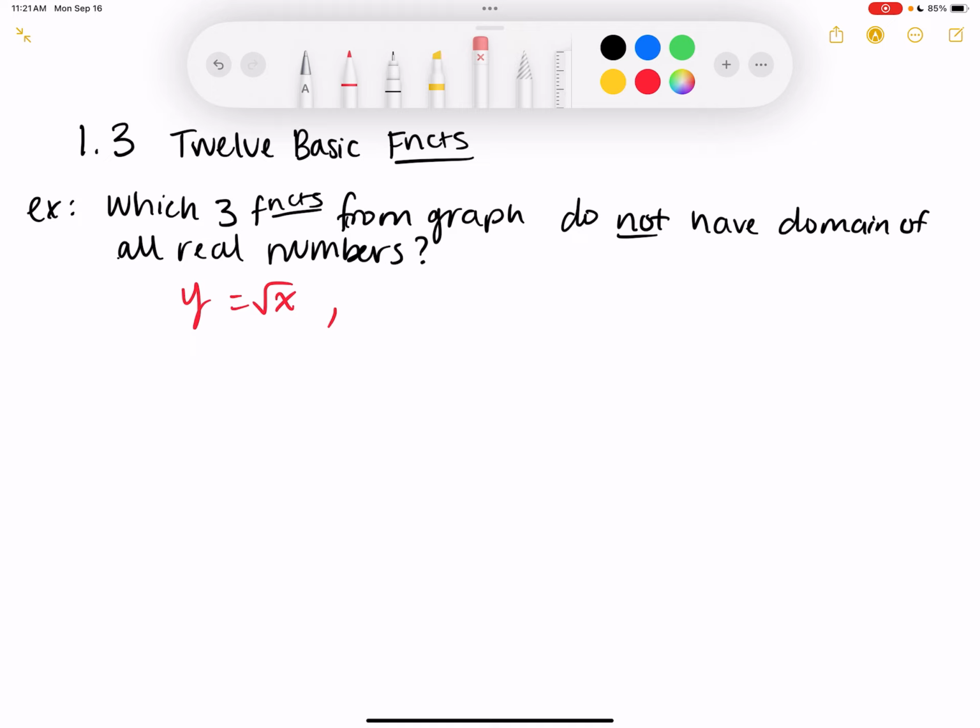X squared, that's the same thing as a parabola. Parabola takes on all x values. Get out your notes and look at the graphs that you drew. It's not that difficult. Cubic function. That takes on all x values.